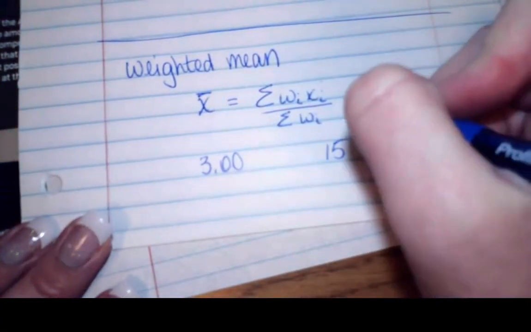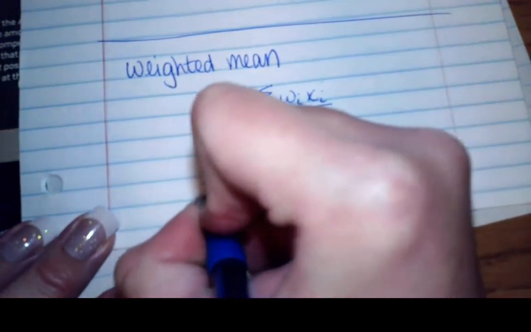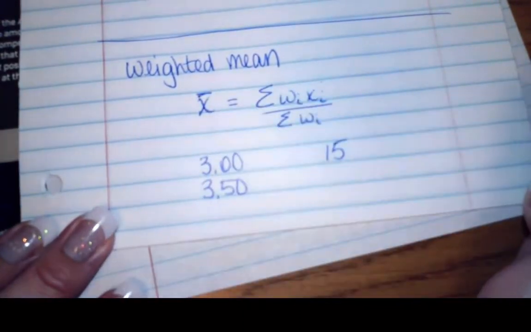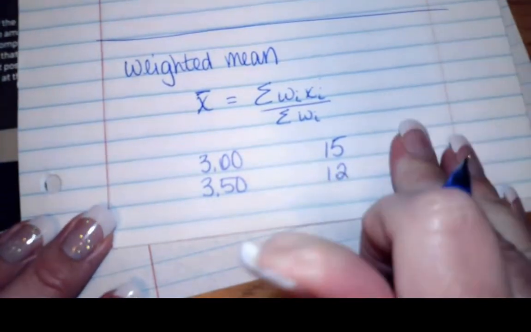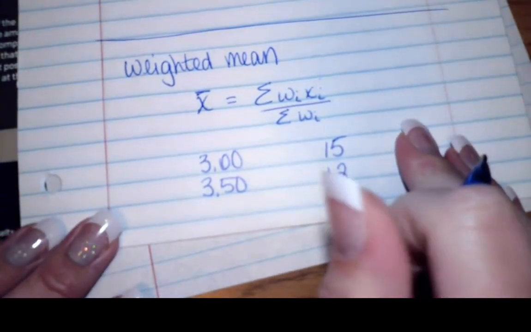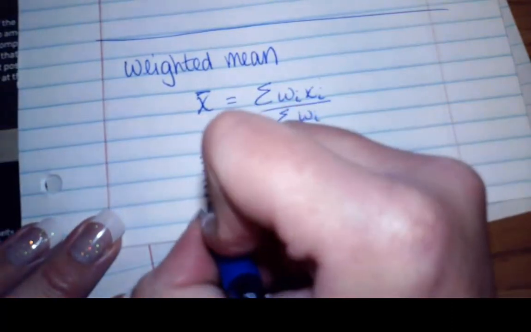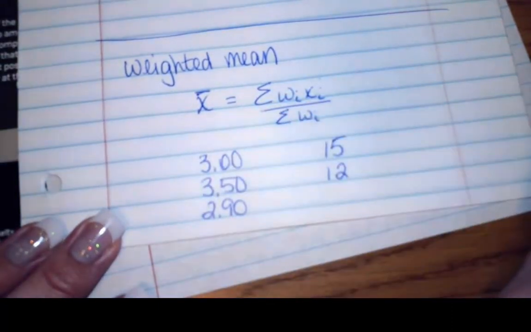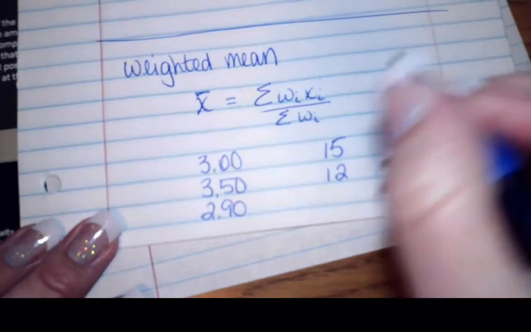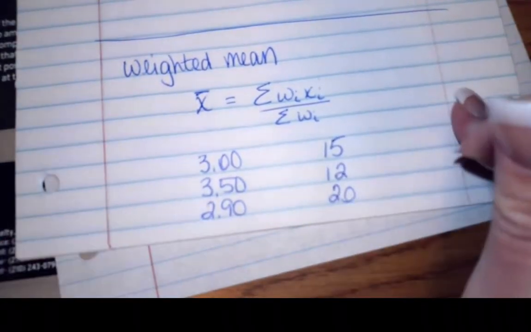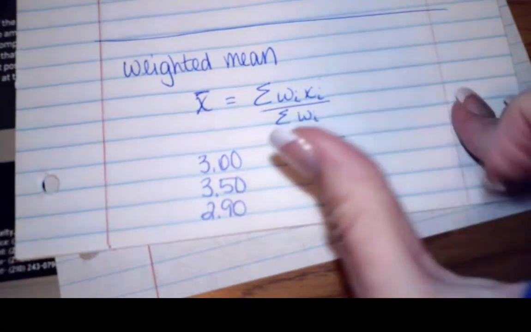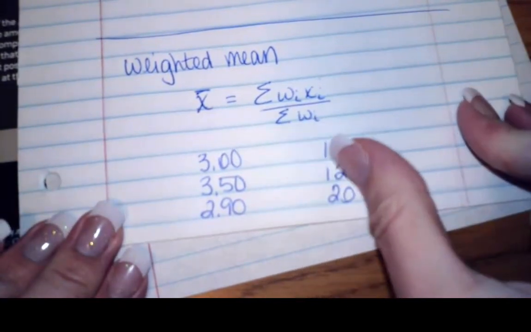Purchase number 2 is $3.50 per pound, and I got angry at the price increase, so I only bought 12 pounds. The third one, I paid $2.90 per pound, and I was excited about that price, so I bought 20 pounds. So 3 different times: this is cost per pound, and this is how many pounds.